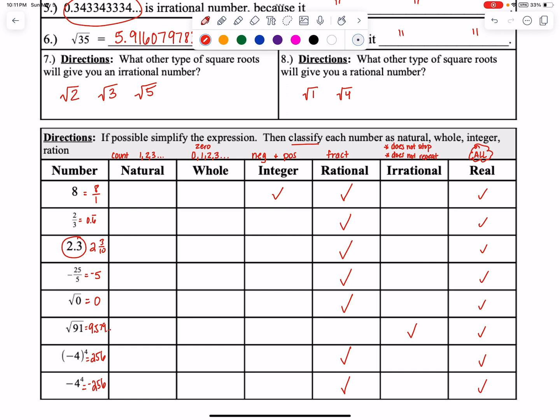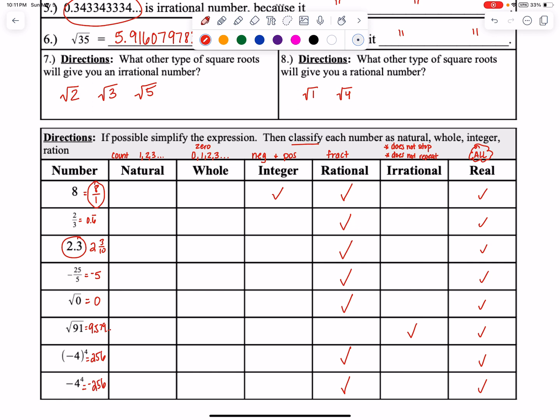These have to be all whole numbers and their opposites. They can't be partial numbers. So all positive and negative numbers that are whole numbers, not fractional parts. So 8 over 1 isn't a fractional part, it's a whole number.